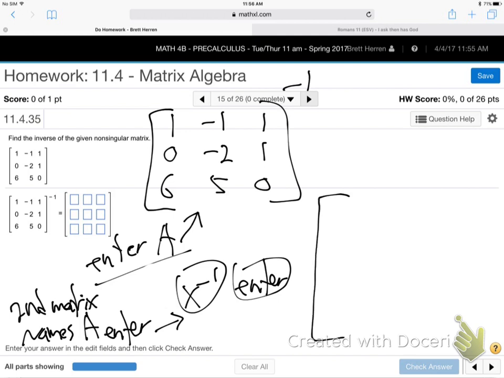So when you got it, let me know what you got. When you do names A like that, then hit the x to the negative 1. Yep, just call it forth and hit x to the negative 1.